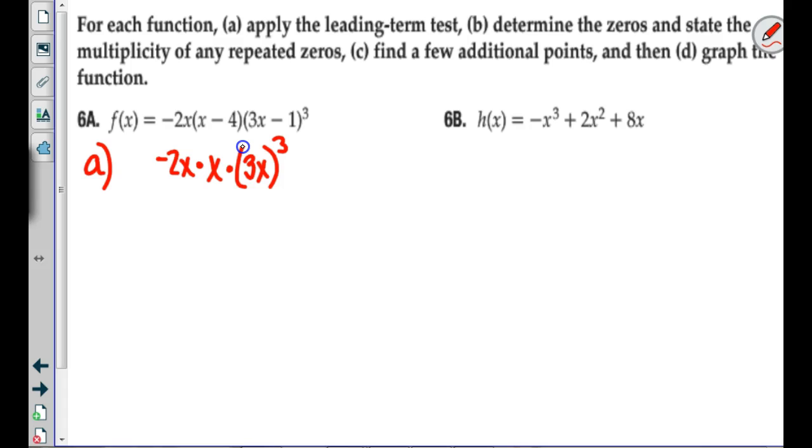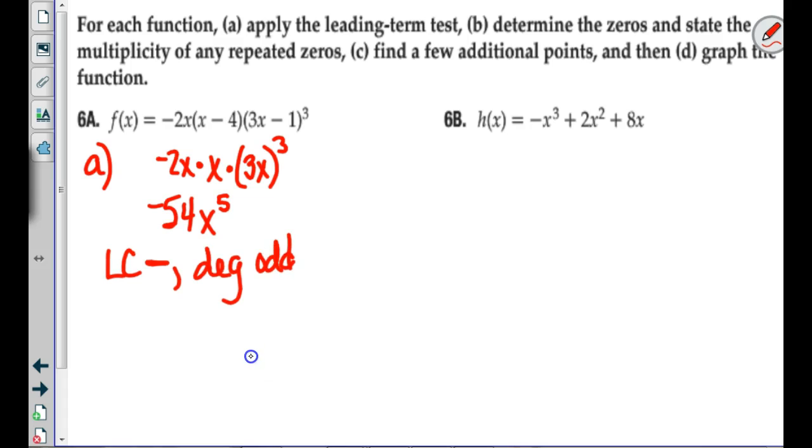What would that turn out to be? 3 to the 3rd would be what? No, 27 times this -2 would be a negative number. I really don't care what the number is. I just want to know if it's positive or negative. And then I'd have an x, and back here an x to the 3rd. Okay, so I really don't care about the fact that it turned out to be 54. The leading coefficient is negative, and the degree is odd.